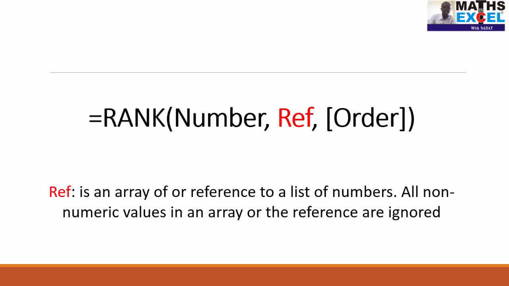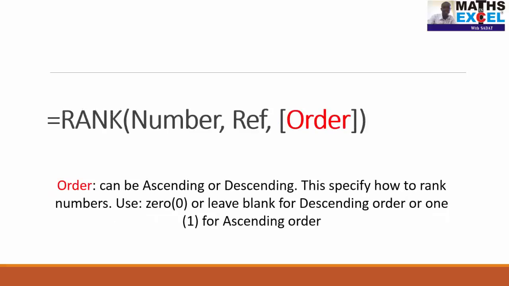When we are computing the rank, all non-numeric values within the reference, that's within our data array, will be automatically ignored during any computation, and order there can either be ascending or descending. We use 0 to represent descending order and 1 to represent ascending order.